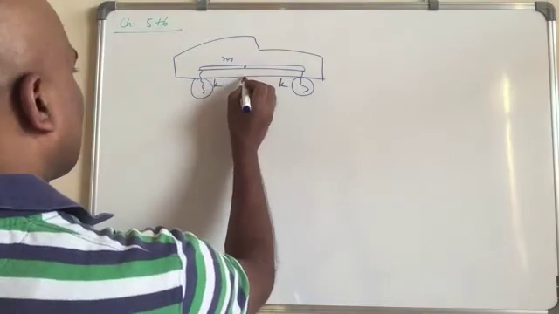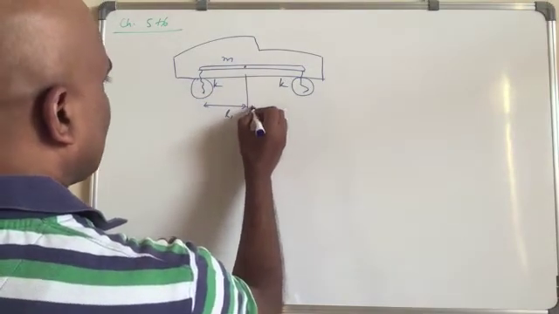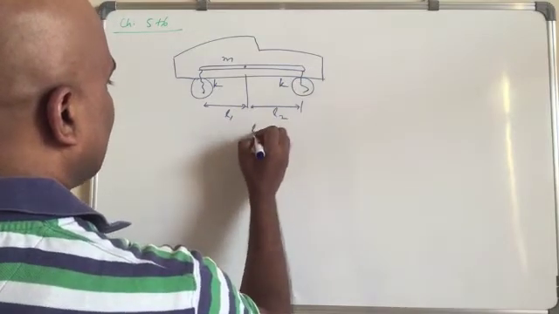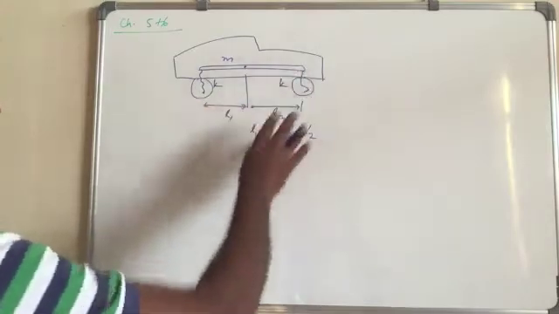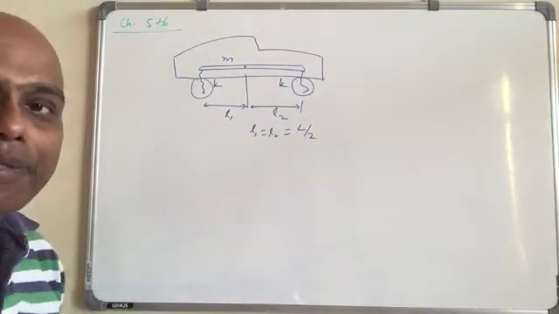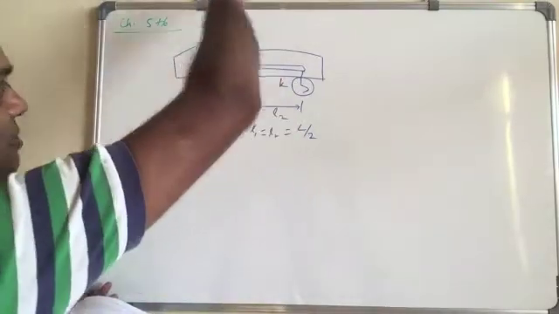So this is L1, this is L2, and I am saying L1 plus L2 equal to big L over 2. That's what is given.